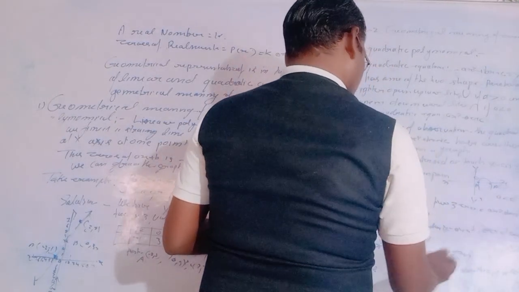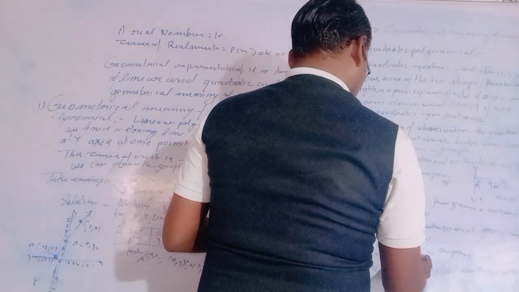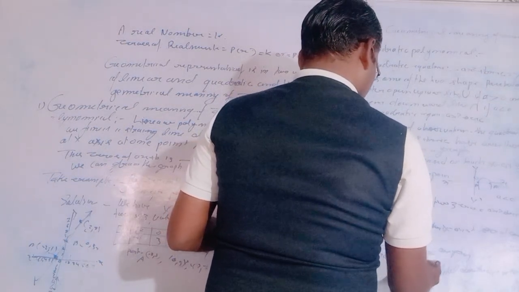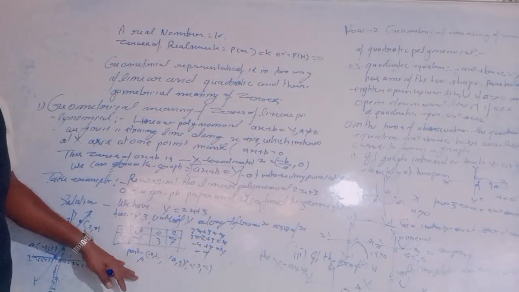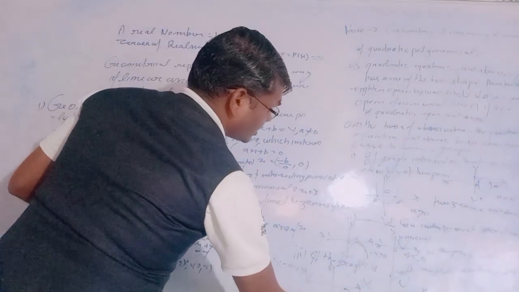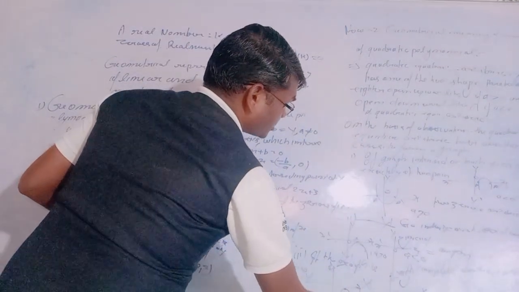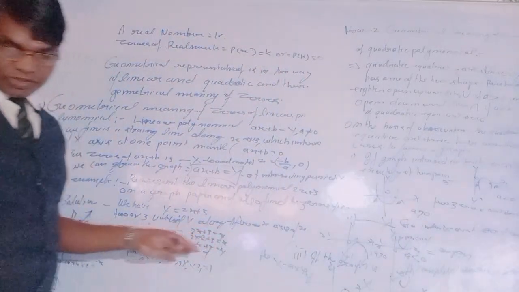So here a is greater than 0 and a is less than 0. Three conditions are involved here.